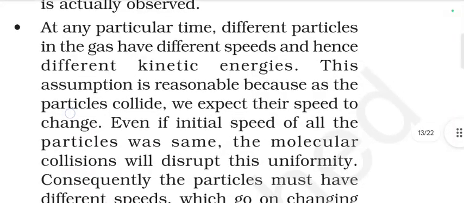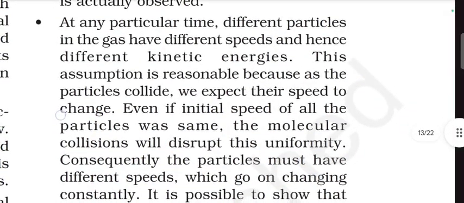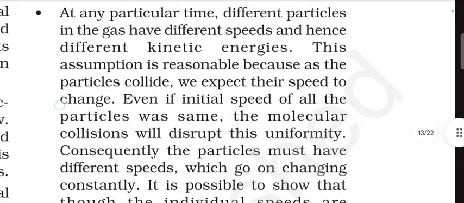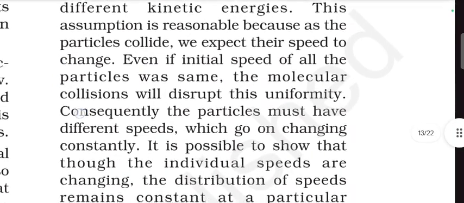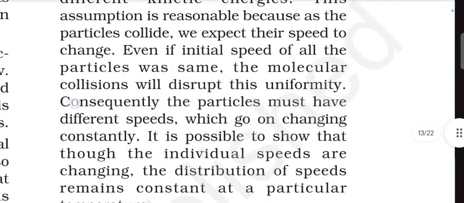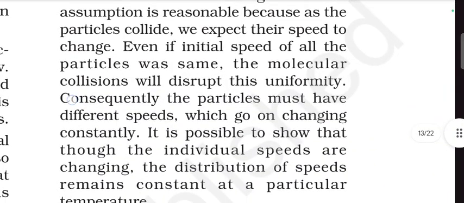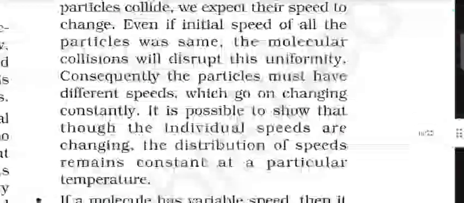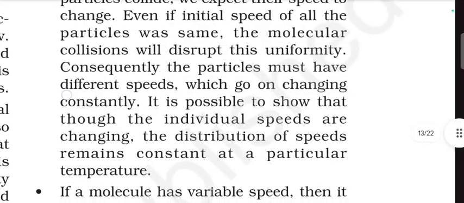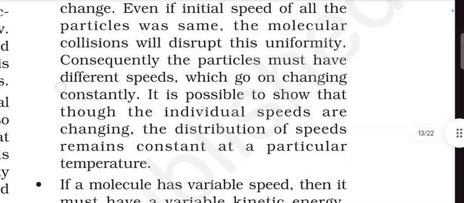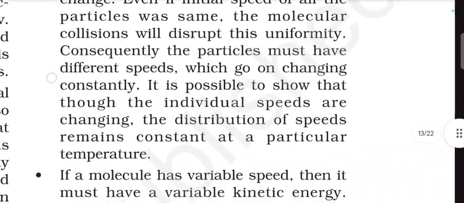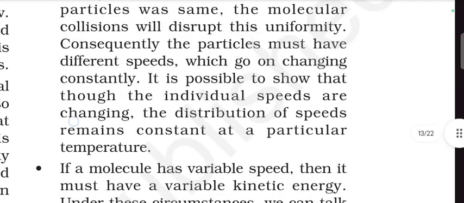At any particular time, different particles in the gas have different speeds and hence different kinetic energies. This assumption is reasonable because as the particles collide, we expect their speed to change. Even if the initial speed of all the particles was the same, the molecular collisions will disrupt this uniformity.